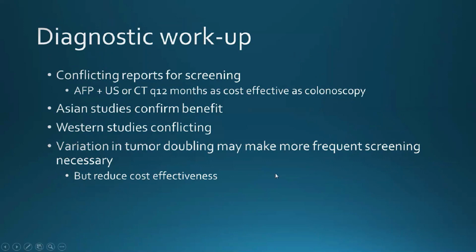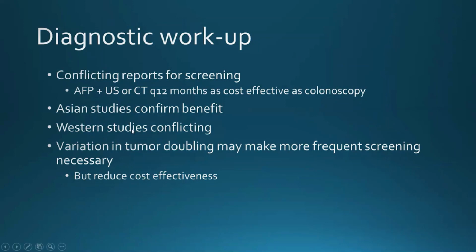So with the diagnostic workup, we do have conflicting reports for screening, like, as I mentioned, alpha fetoprotein and ultrasound or CT scan every 12 months. In certain countries, like Asian countries, they think that is cost effective and beneficial to detect these tumors in an earlier stage, and they call it as effective as colonoscopy.